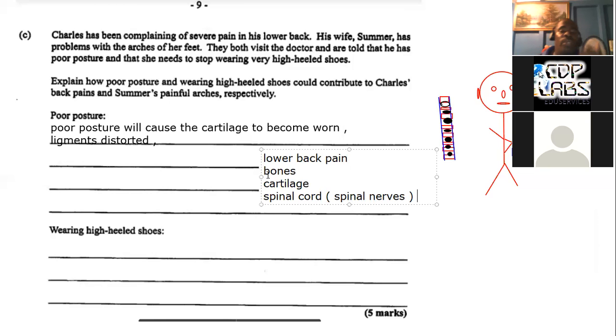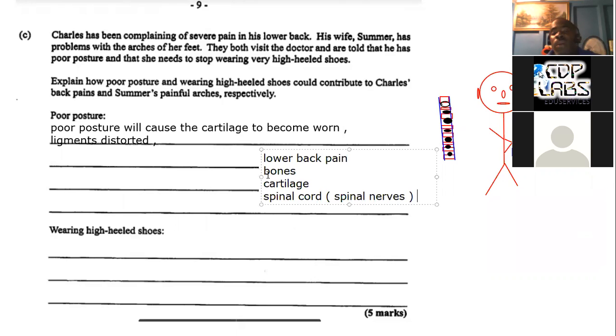So you mentioned the structures that you would identify there: the bones, the cartilage, and the spinal cord. What if the bones are affected? Would you actually feel pain? Because the only way the bone can be affected is if it's fractured. But nowhere in the scenario was the word fracture used.